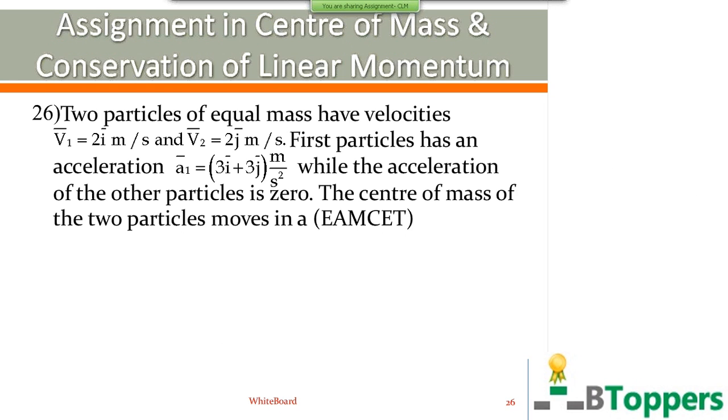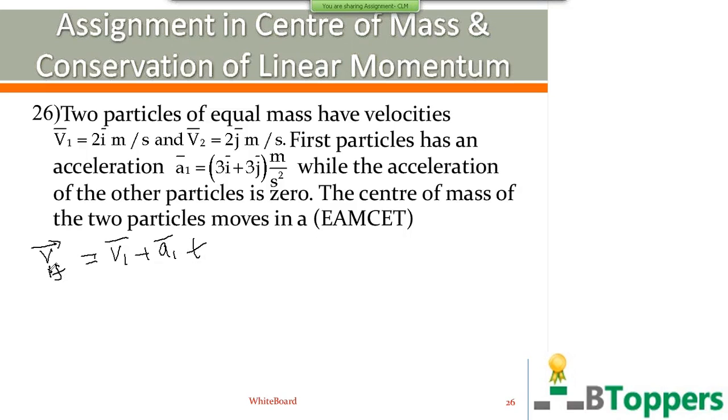So the final velocity of the center of mass can be expressed in terms of the final velocities of the two masses. V bar subscript 1F represents the final velocity of the first particle of mass, let us suppose m1, that you can write as v1 bar plus a1 bar into t.